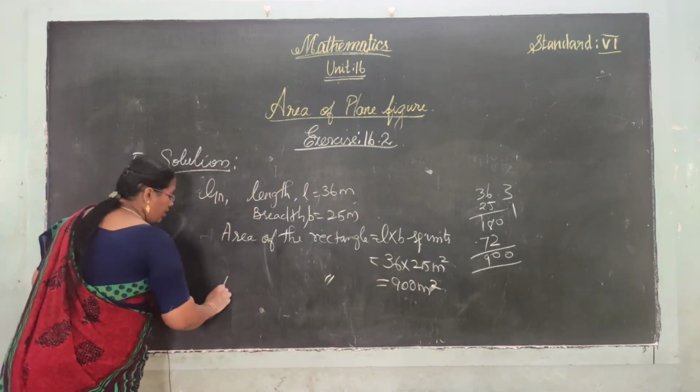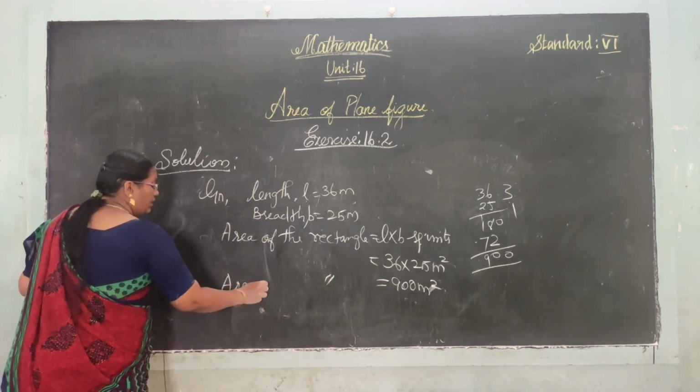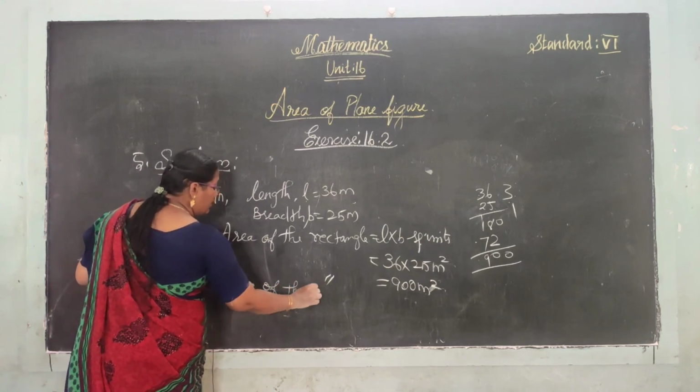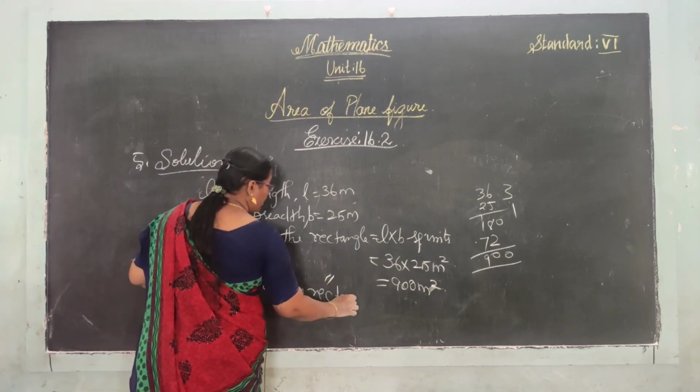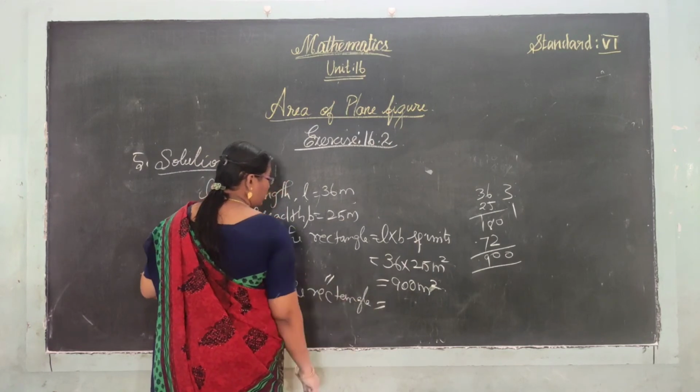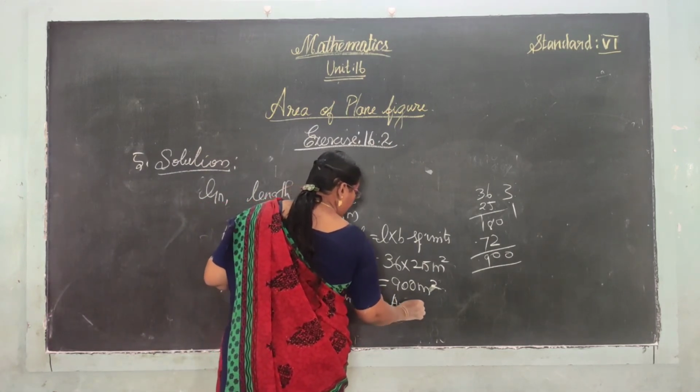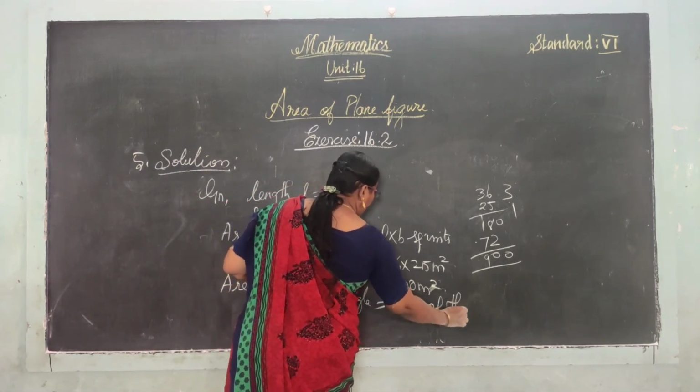So here one condition is given. The area of the rectangle is equal to the area of the square.